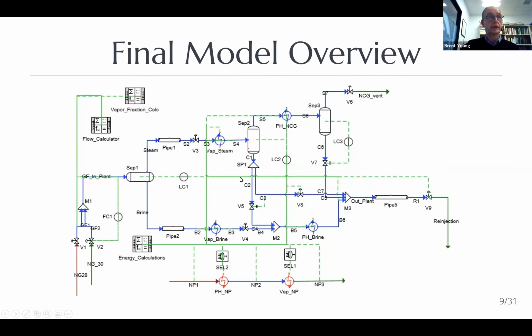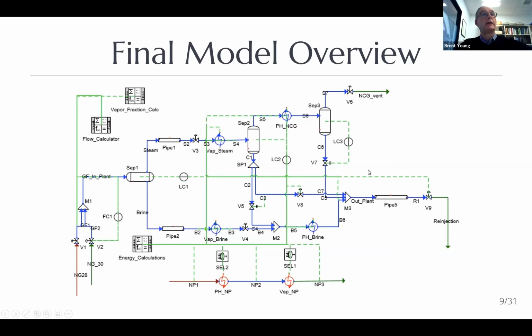So the final model here looks like this, where we're actually modelling the surface facilities from 2 production wells. These are NG28 and NG30, which is shown on the left-hand side of this simulator PFD, which go through SEP1, the inlet separator, where we separate out the brine and the steam.